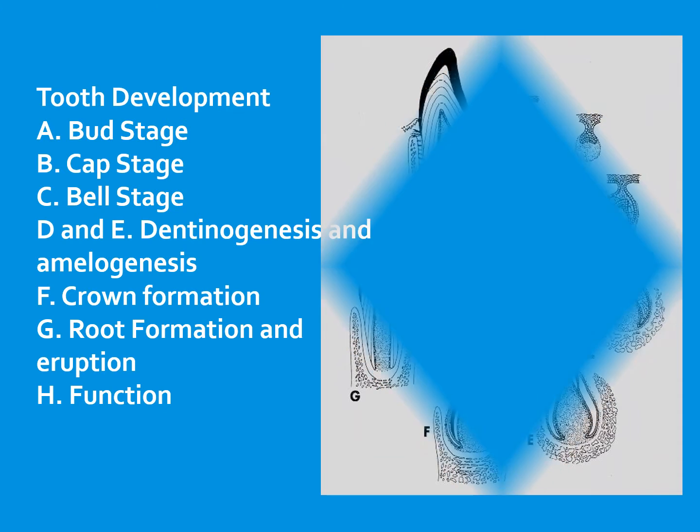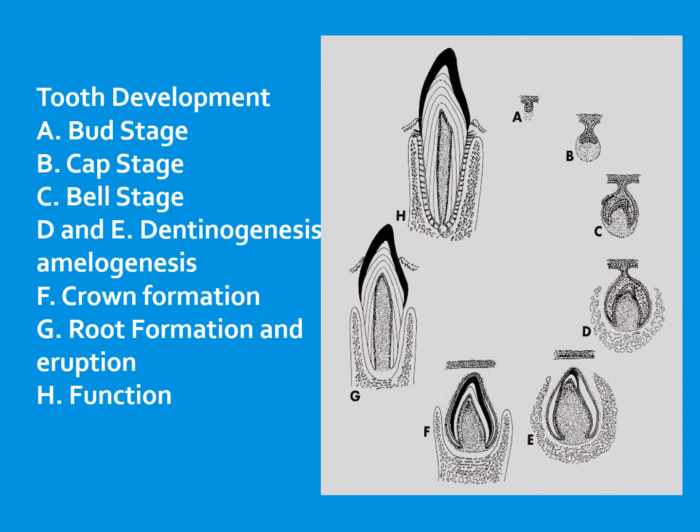We have 3 morphological stages of tooth development. This depends on the morphology of the enamel organ of the tooth germ, which is divided into 3 or 4 stages, depending on the bell stage.